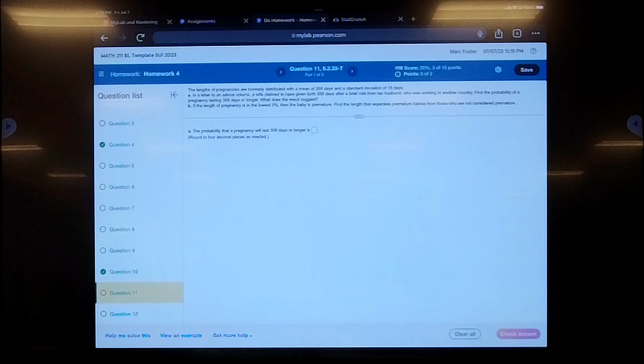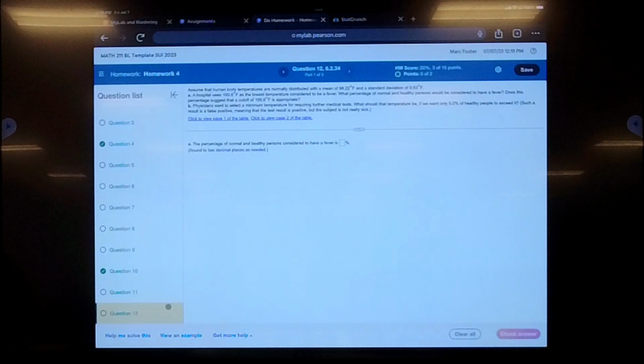See how 100 is right in the middle? Number 11 is a funny question. We'll go on to number 12, and we'll circle back around as needed.